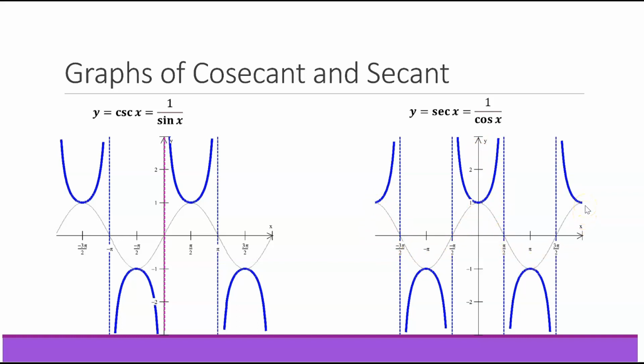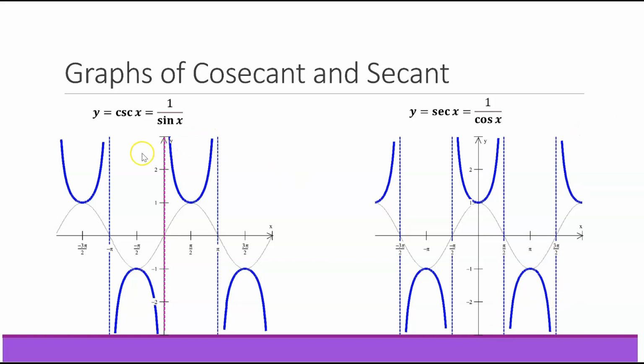It's just a guide to help me draw the graph of secant. Here's a quick sketch of the cosine function, which we should know. Any x-intercept of the cosine function, so pi over 2, 3 pi over 2, those are vertical asymptotes. And same idea, it's a bunch of U shapes where the maximum value of cosine is the minimum value of secant, and the minimum value of cosine is the maximum value of secant.